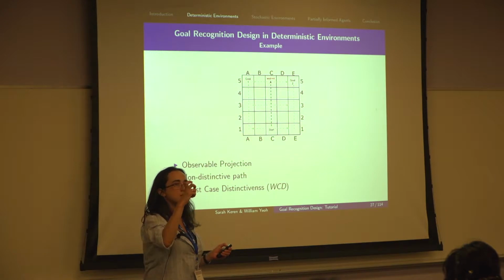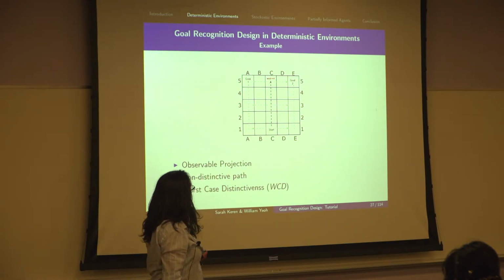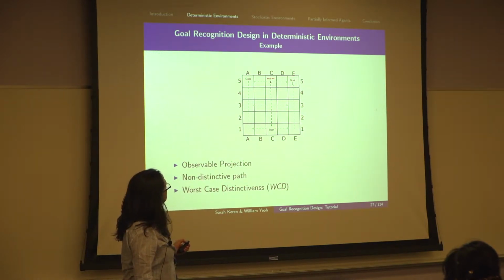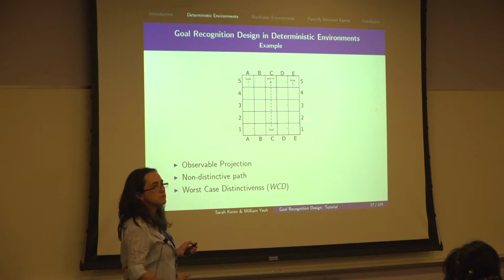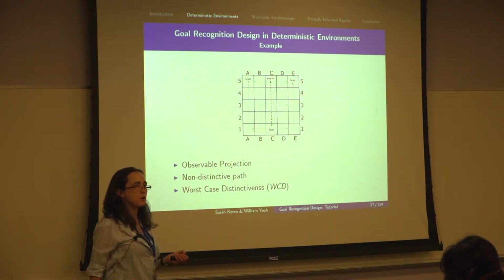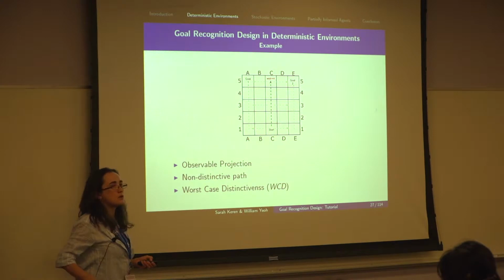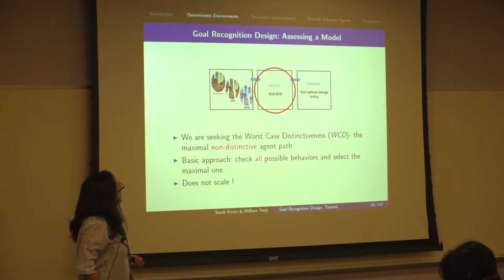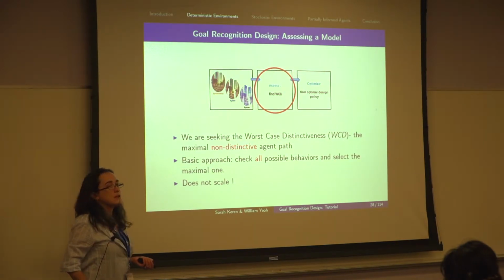And this defines it as a non-distinctive path. The maximal non-distinctive path is just the non-distinctive path with maximal length. So any behavior on this path is non-distinctive. The maximal one is the one that reaches the wall. Those are the terminologies.